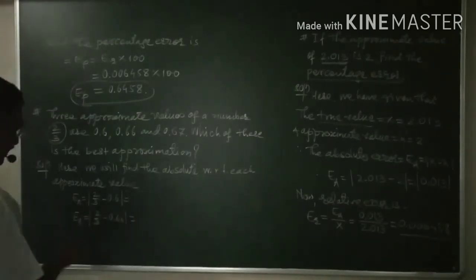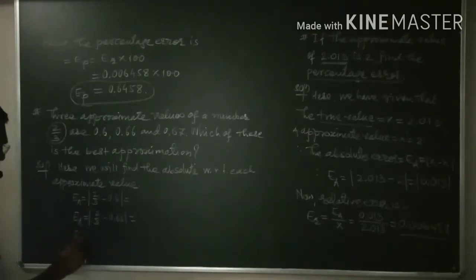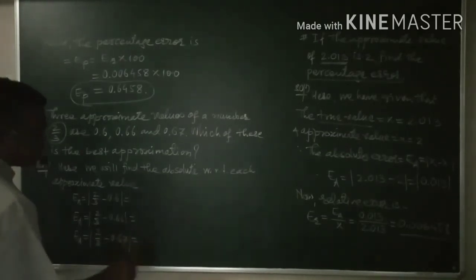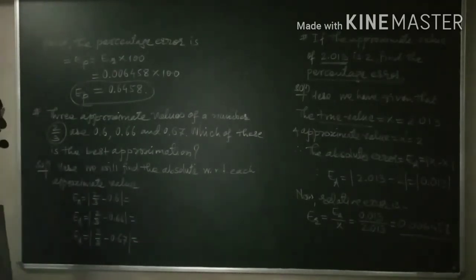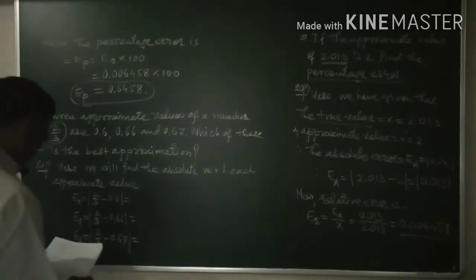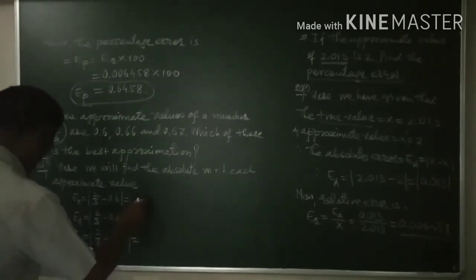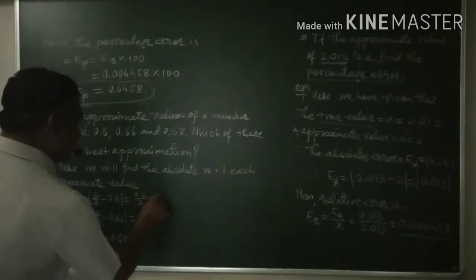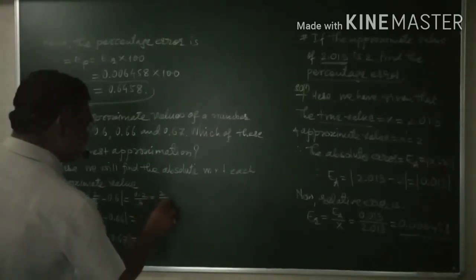And again, EA is equal to 2 by 3 minus 0.67. If you go on calculating this, you will find that the first is 0.2 by 3, which is nothing but 2 by 30.